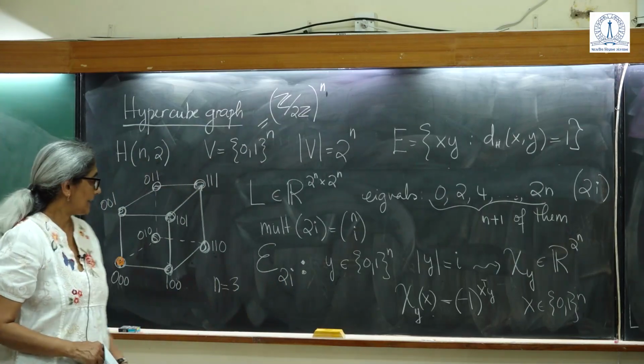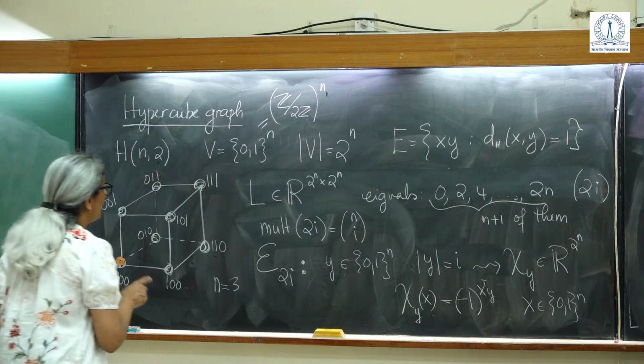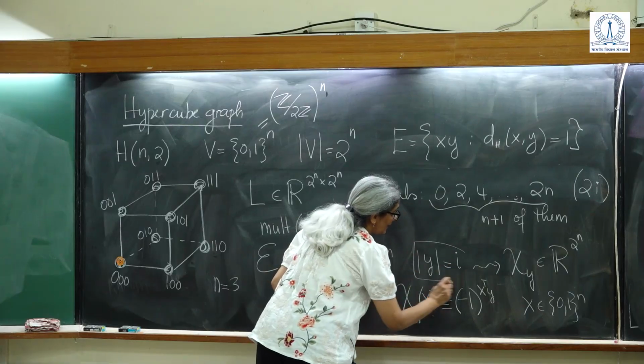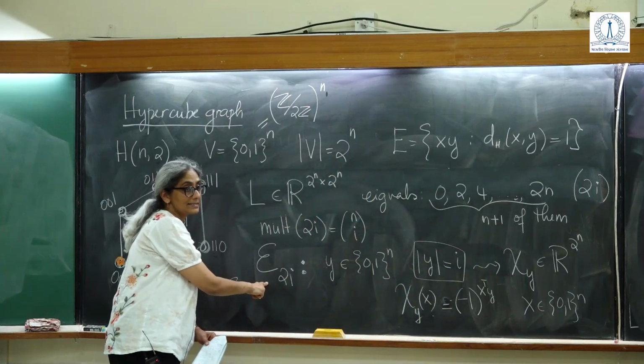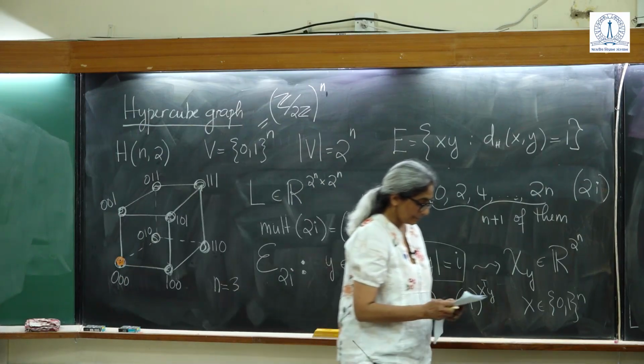Okay? So let me do an example just to make this very clear. Good? That's the formula for how you write this chi y. And all the chi y's of Hamming weight i are going to span this eigenspace. That's the claim. Okay? So let's do an example.